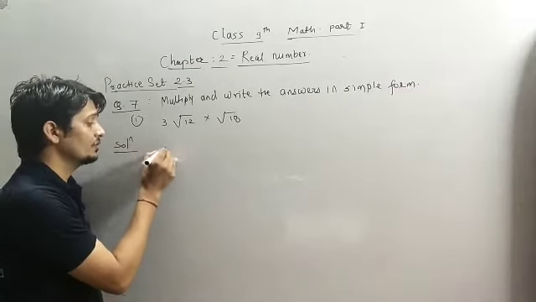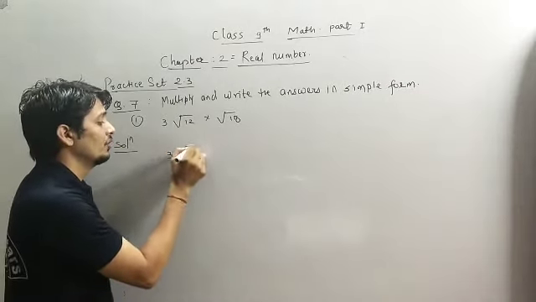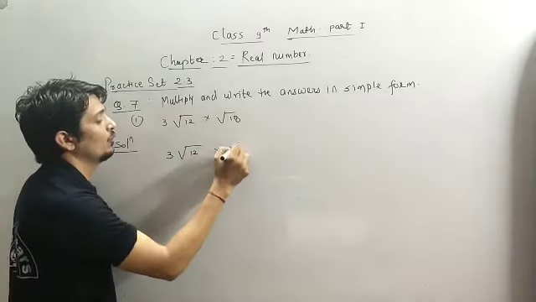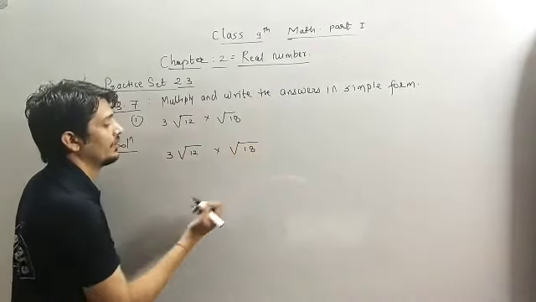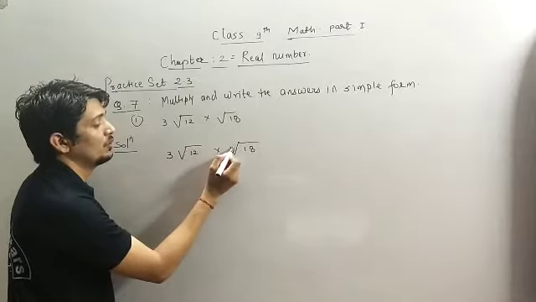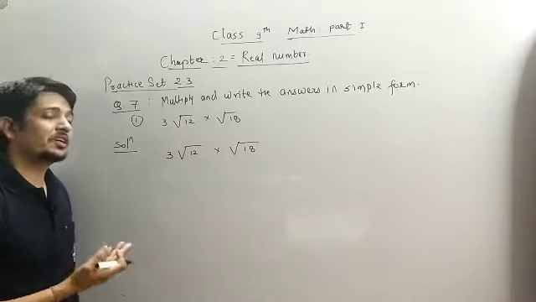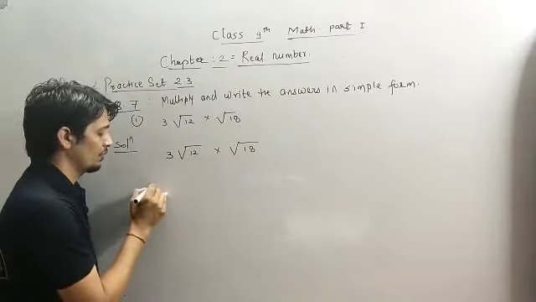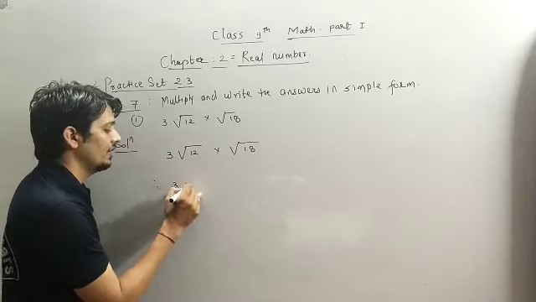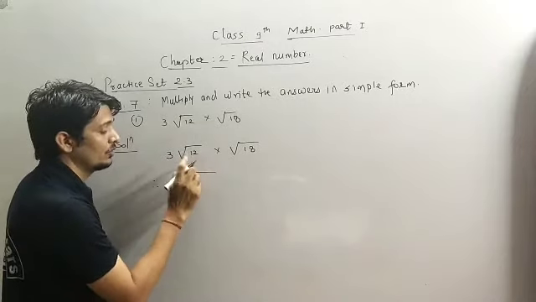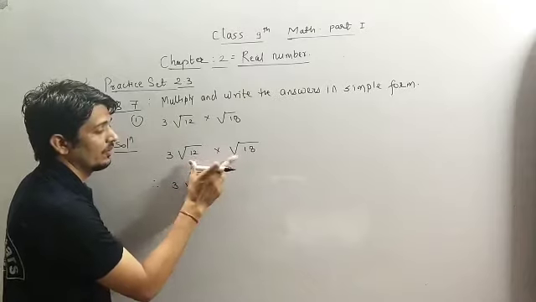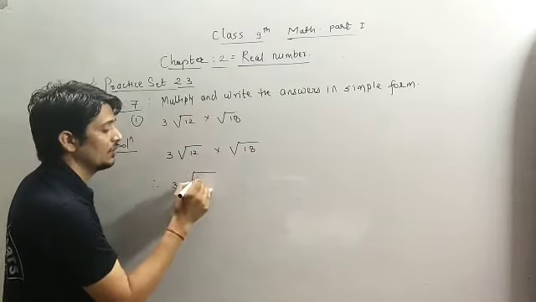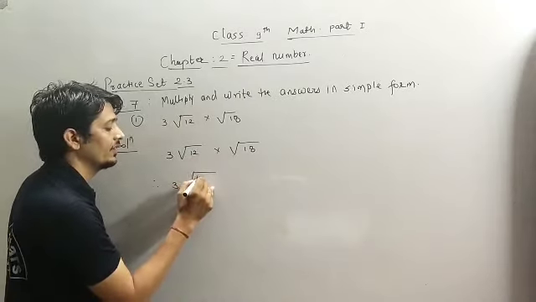So we have 3 root 12 into root 18. See, the power of both roots is the same, which means we can multiply them easily. Therefore, we can write 3 into root of 12 into 18, writing both the surds together.